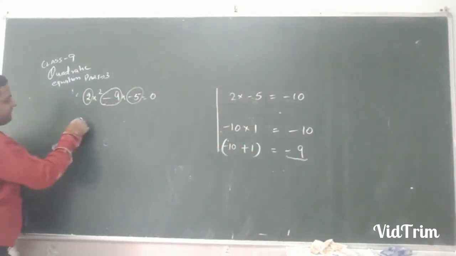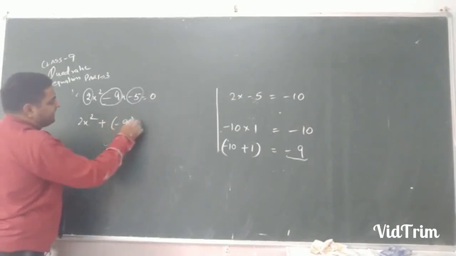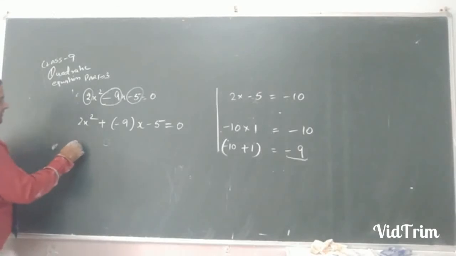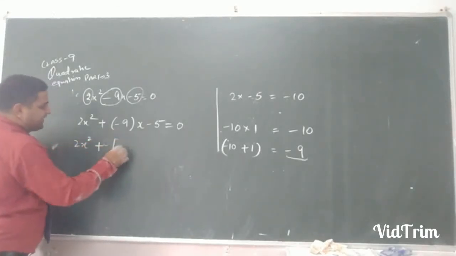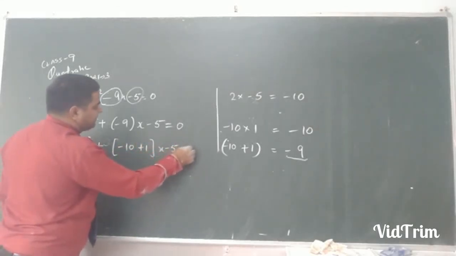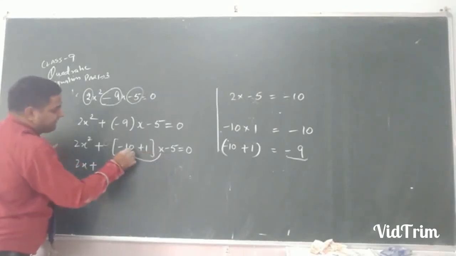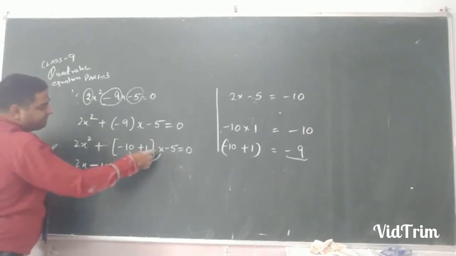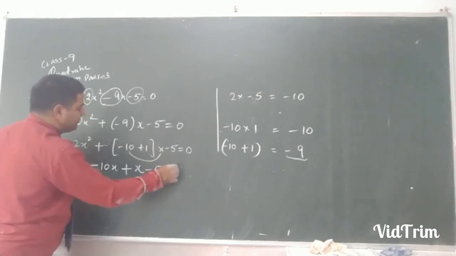So this equation can be written as 2x squared plus minus 9x minus 5 equals to 0. The minus 9 can be written as minus 10 plus 1, so 2x squared, open the bracket, minus 10x plus x minus 5 equal to 0.